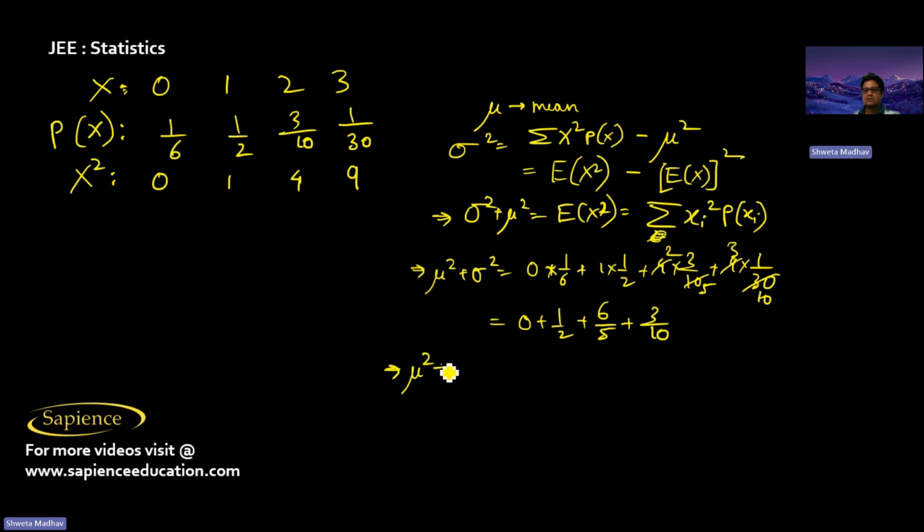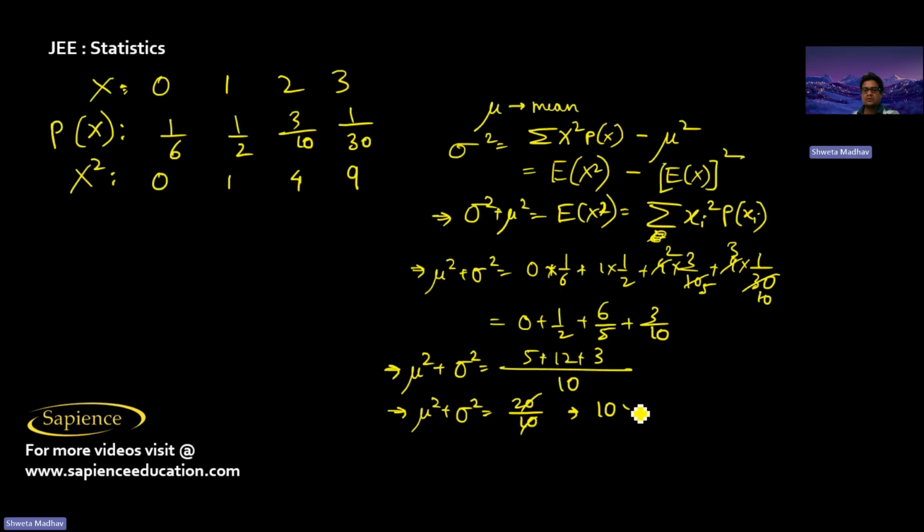That is mu square plus sigma square, equal to 5 plus 12 plus 3 over 10. So 5 plus 3 is 8, 8 plus 12 is 20, 20 by 10 is 2.